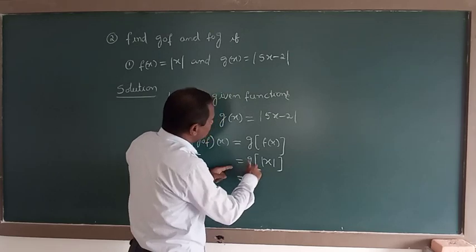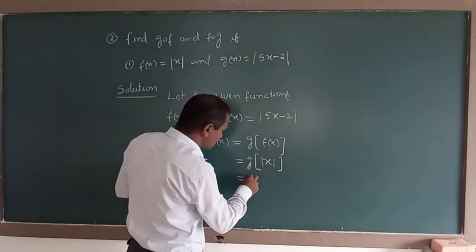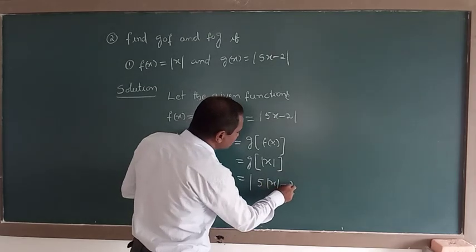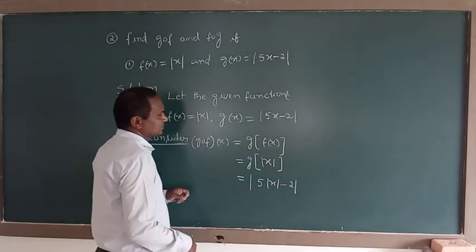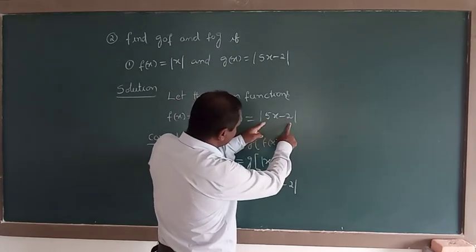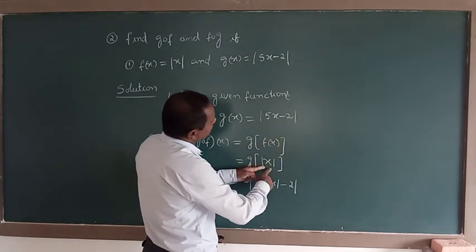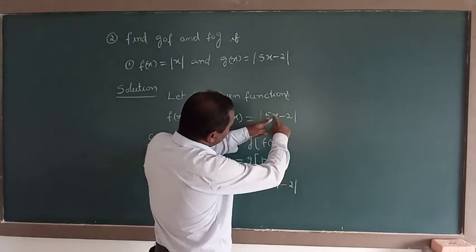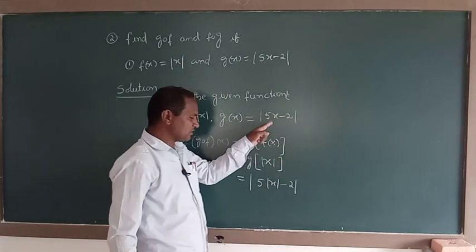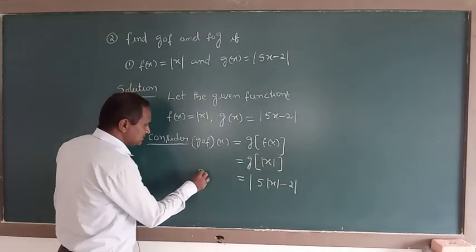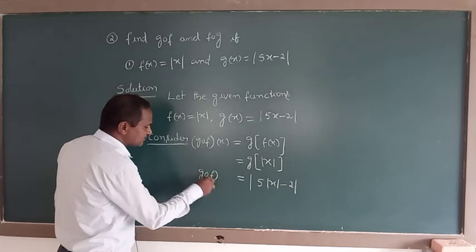That is, g of modulus of x is modulus of 5 into modulus of x minus 2. g of x is modulus of 5x minus 2. g of modulus of x is the modulus of 5, instead of x we are going to take modulus of x, minus 2. That's why it is the g circle f of x.